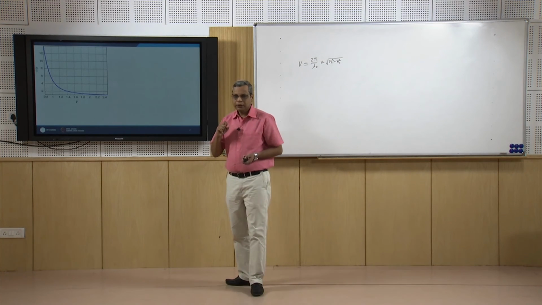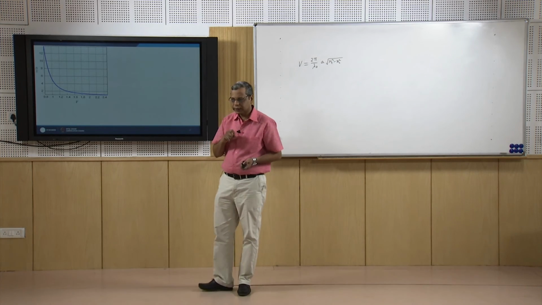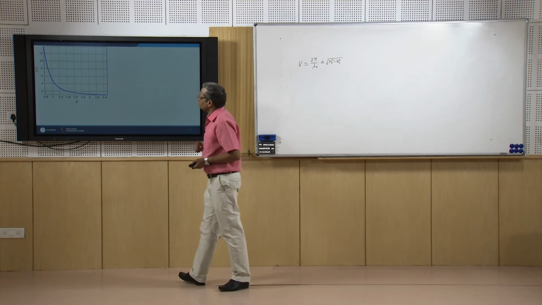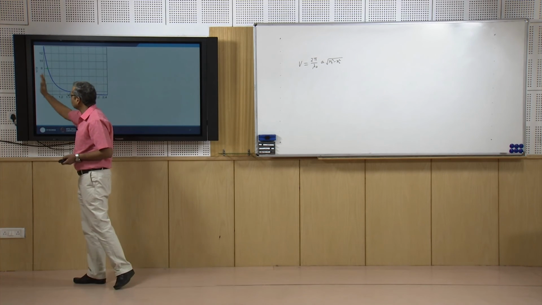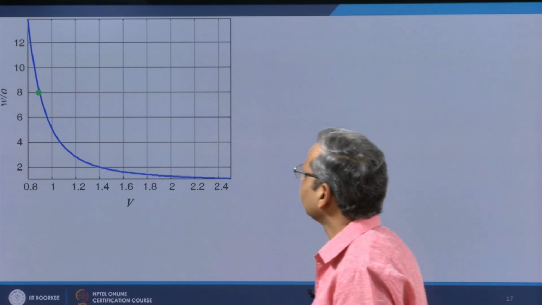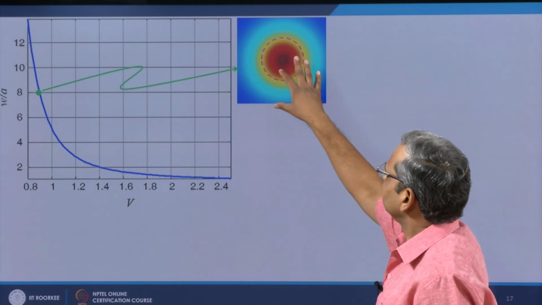Now let me find out how accurate this empirical relation is. For that I take two representative points. One is for a smaller value of V, that is V equal to 0.9, and this is the modal field.